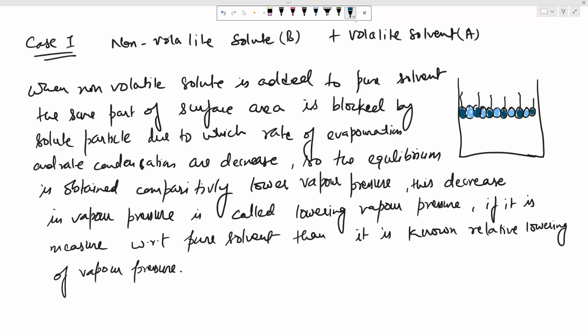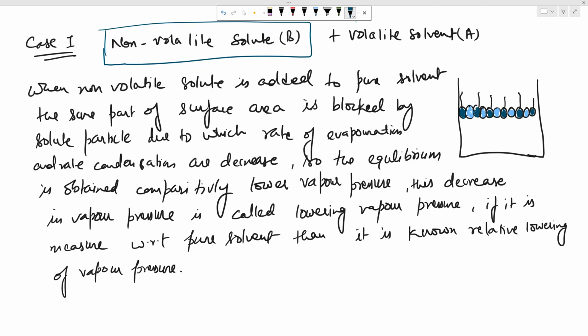Previously the particles were evaporating, so they exert more pressure because a larger number of particles evaporate easily. But if you add a solute to it that is non-volatile, non-volatile means it will not evaporate, and not evaporating means it will not exert any pressure. So in that case, the vapor pressure will decrease.